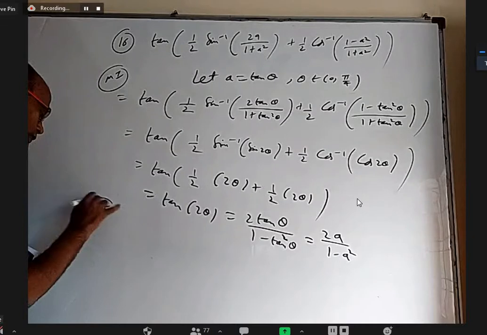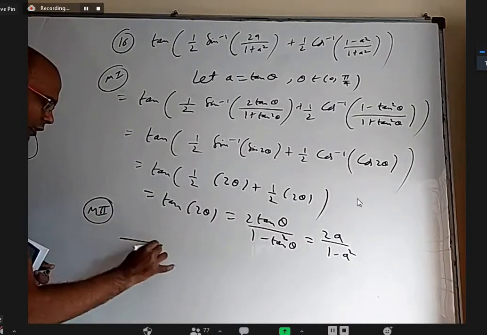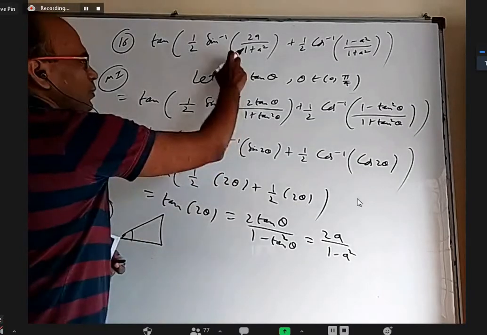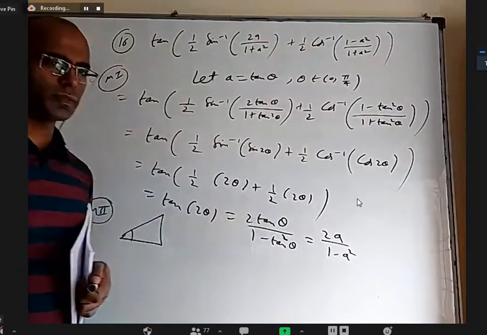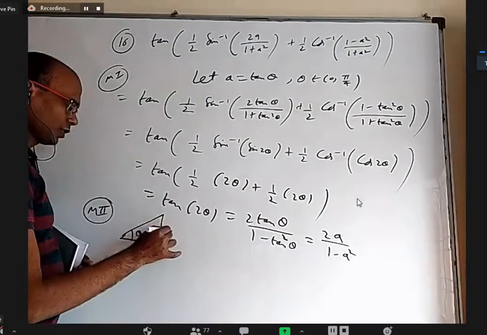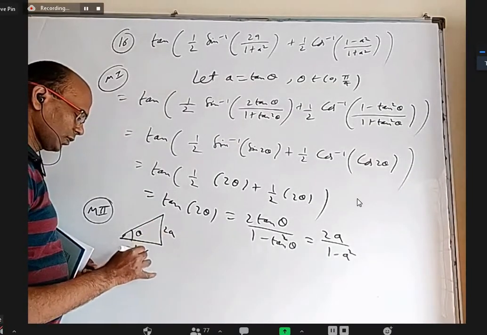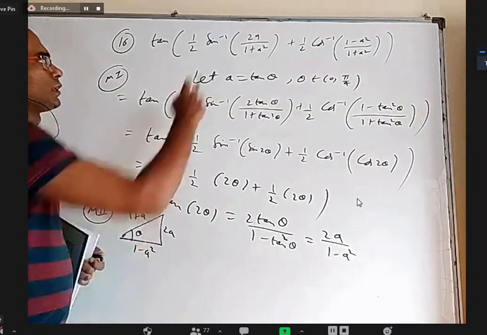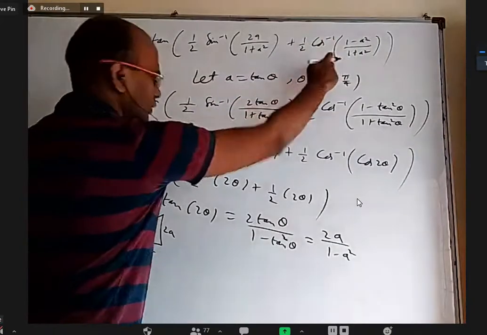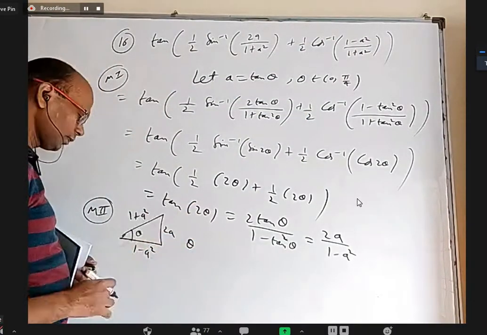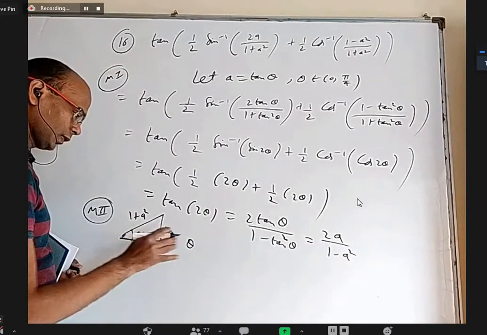Method 2. If you take a triangle, actually these two themselves are equal and they are equal to some tan inverse. If this is theta, opposite side is 2a, adjacent side is 1 minus a square, and hypotenuse is 1 plus a square. This is also the same theta, this is also the same theta. So based on this, I want to write this theta is different from this theta. Let me write some alpha.